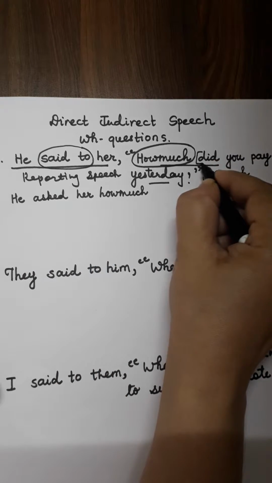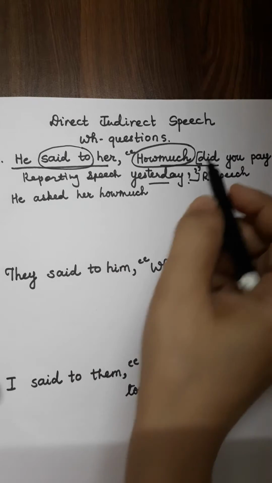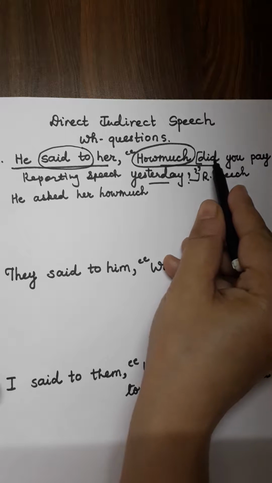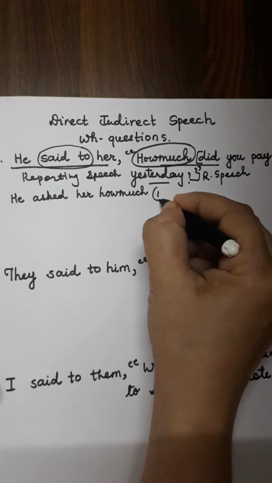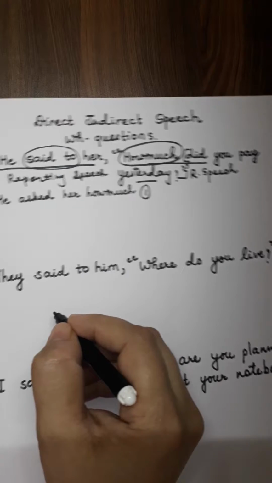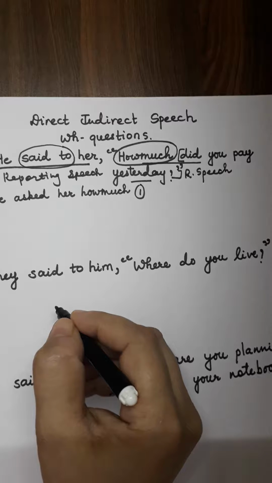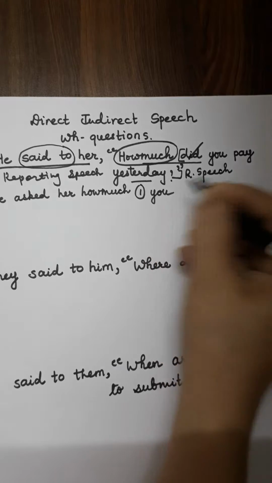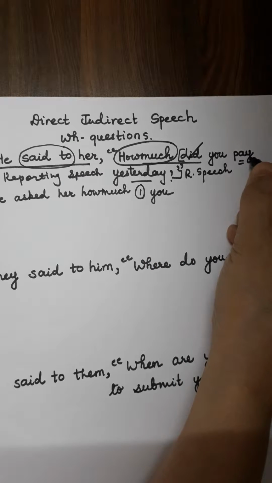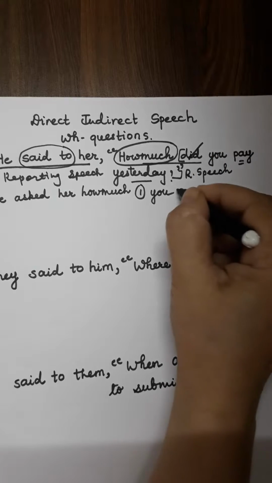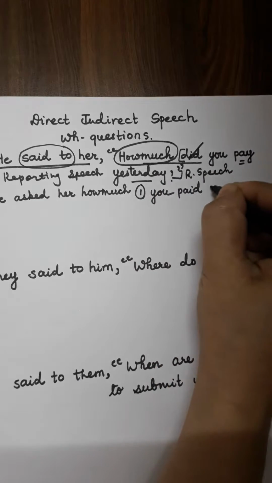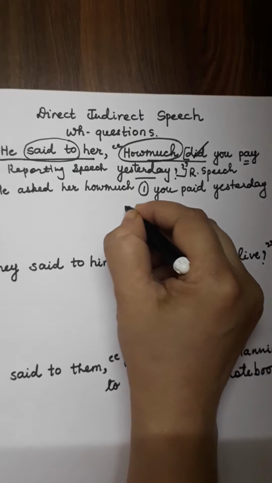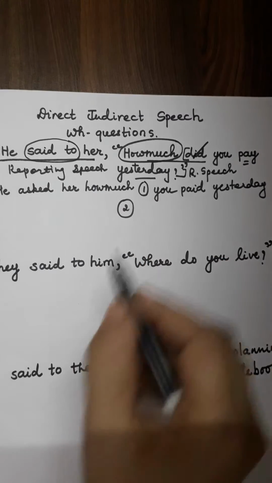Now the remaining portion is, as we can see here, a question. Did you pay yesterday? This is the structure which we use for a question. Now first we need to change the structure of this sentence. So instead of a question we have to write a simple, assertive sentence. So how do we do that? We are going to cancel did. So we have to use the past tense verb of pay because we have cancelled did, so pay will become paid, and then yesterday. Now step 2 is make other necessary changes.